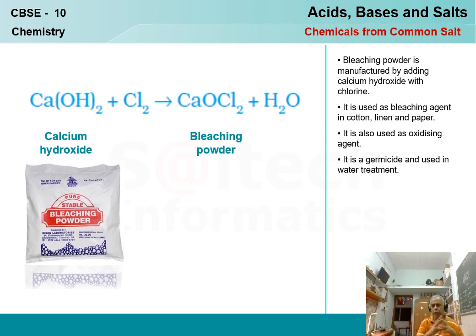You know, an oxidizing agent is capable of supplying oxygen. But truly speaking, an oxidizing agent undergoes reduction. And then, as I already mentioned, this is used as a germicide, a killer of germs. And this is a very good chemical in water treatment.